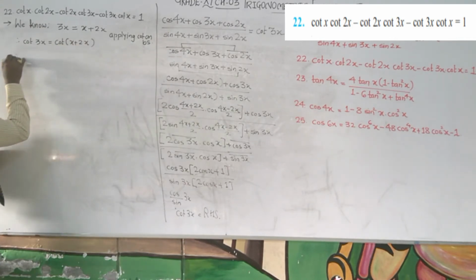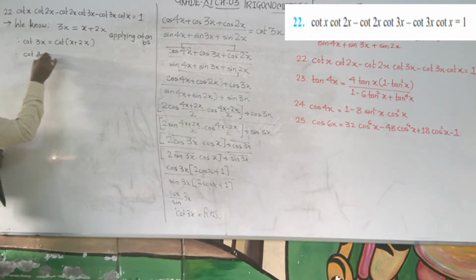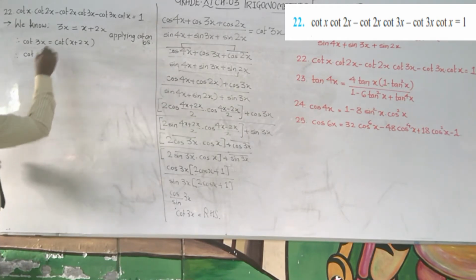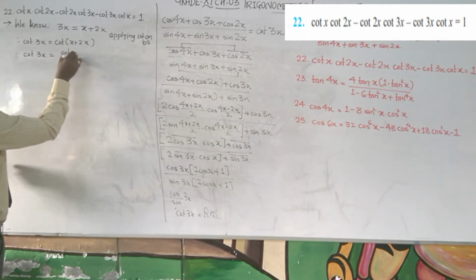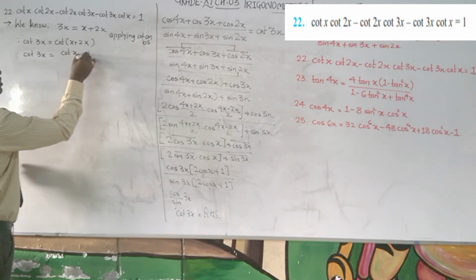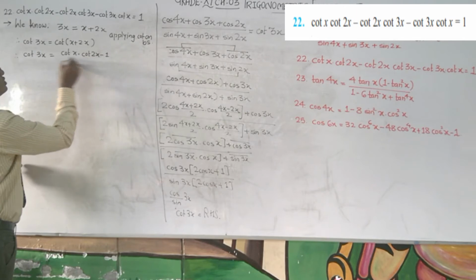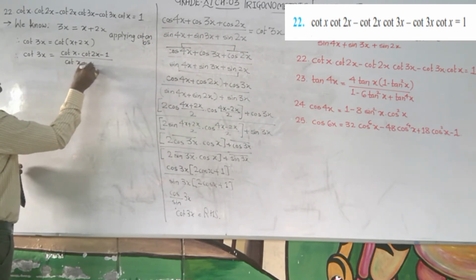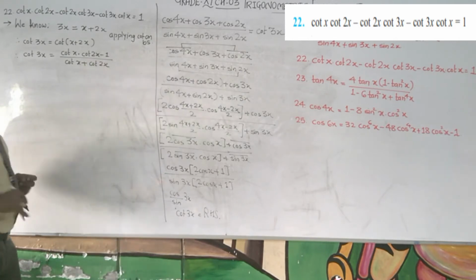According to the formula, it will become cot x into cot 2x minus 1, total divided by cot x plus cot 2x.